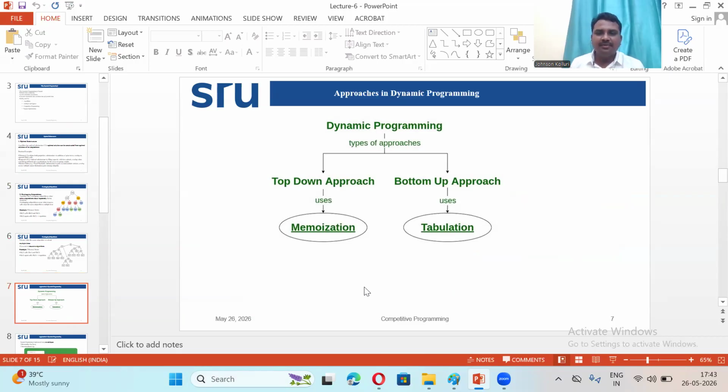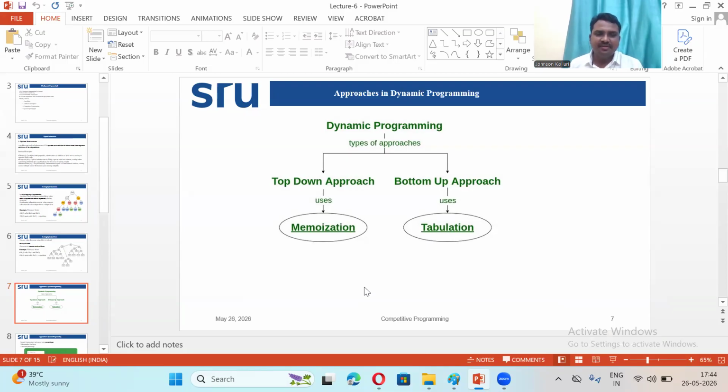In dynamic programming, we have two methods. One is the memoization method, the second is the tabulation method. In the memoization method, we use recursion, and in the tabulation method, we use non-recursion. Memoization is a top-down approach. Tabulation is a bottom-up approach.